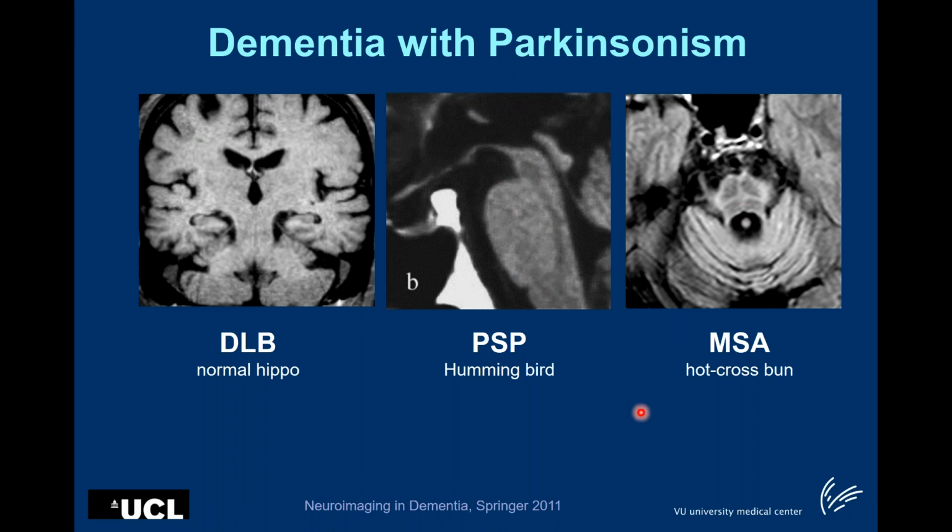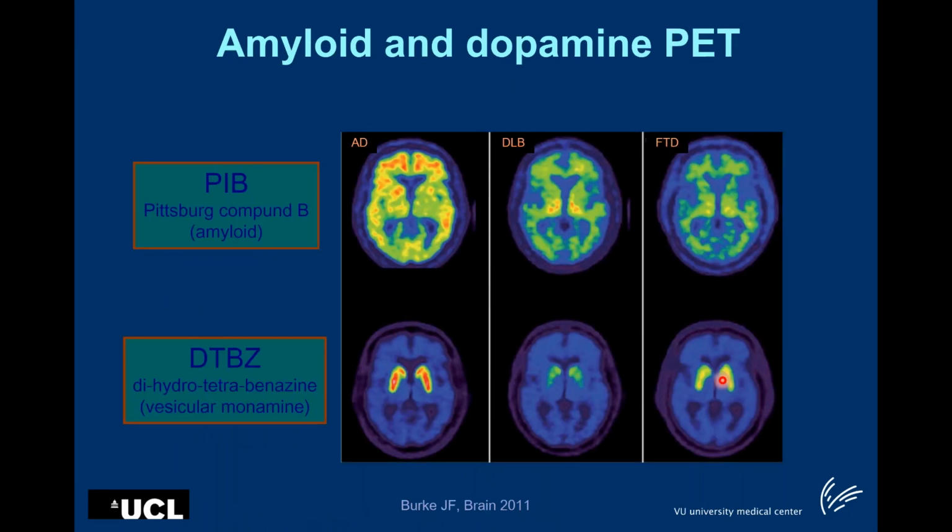More rewarding for Lewy body dementia is to look at dopamine imaging, as you would expect in a Parkinsonian syndrome. So this was a PET study, but you can also use a DAT SPECT to show that there's abnormal uptake of the dopamine tracer in the striatum in DLB, whereas in AD you have a normal uptake, and also in FTD you have a normal uptake.